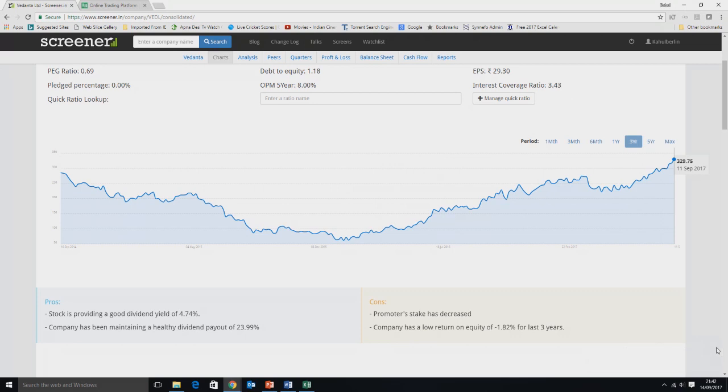So look, you also need to see the current situation of the market. In today's market, the PE value of the Nifty is 26, and the PE was last at 26 eight years ago. So we are in a very expensive market.